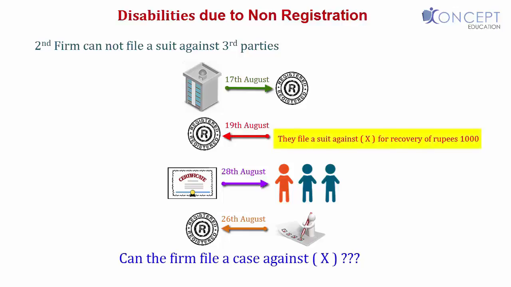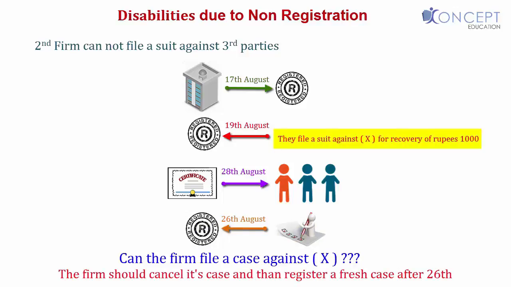Well, the firm has filed a case against X for the recovery of rupees 1,000, but that will not be maintainable because when they filed the case, their application was in process. Only on 26th they became a registered firm and only after you become a registered firm, you can file a case against third parties. So ideally, the firm should cancel its case and then register a fresh case after 26th.